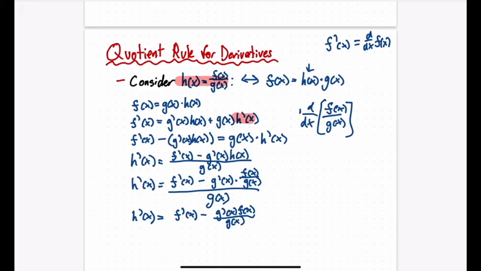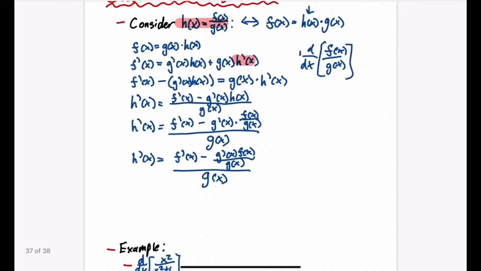So we can extend that g of x. Now again, this whole thing is still over g of x, and then we can extend it even further. We can apply it to that f prime of x, but if we're going to add it to the denominator, then we need to add it to the numerator as well, so that it doesn't become an incorrect statement.